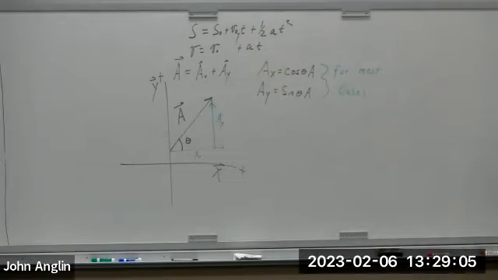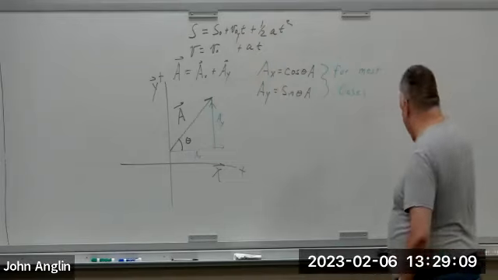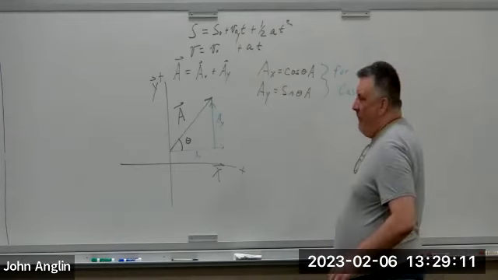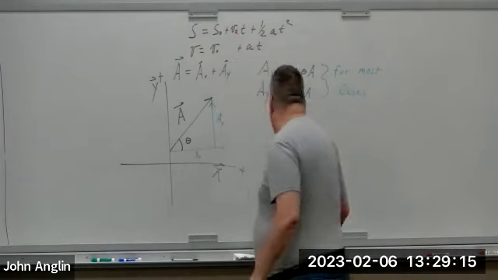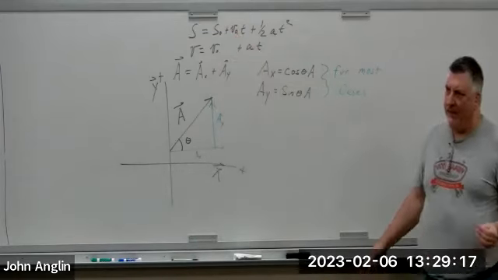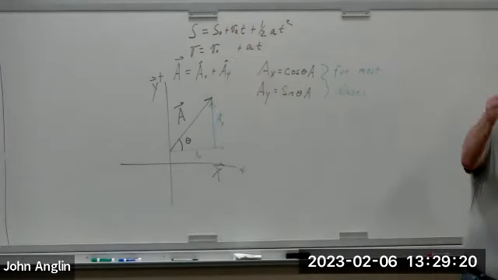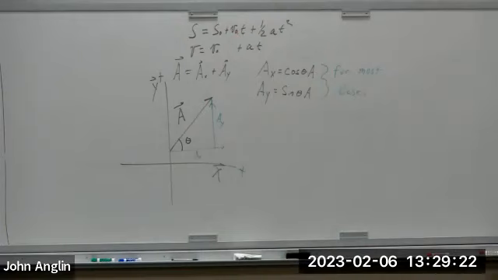We need something else. Well, we can do some cleverness here. We can go back to the last chapter. We were talking about throwing baseballs straight up in the air. I had you throw your pen in the air and kind of watch it. And we know that at the top of the arc, that thing is going to stop.